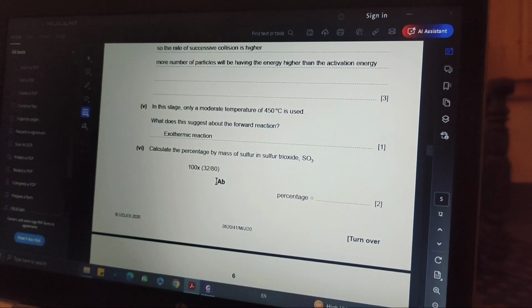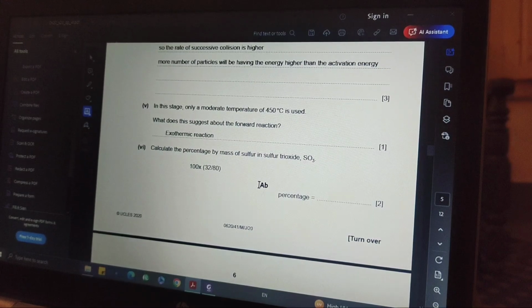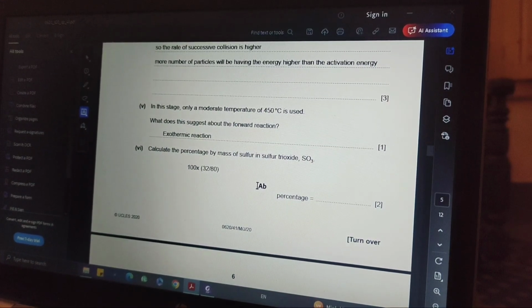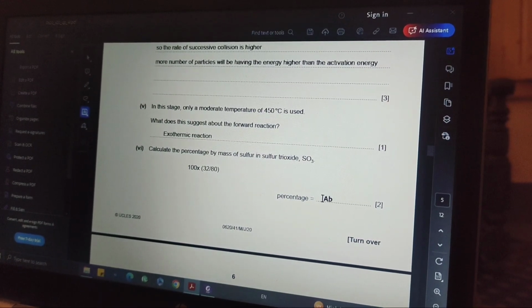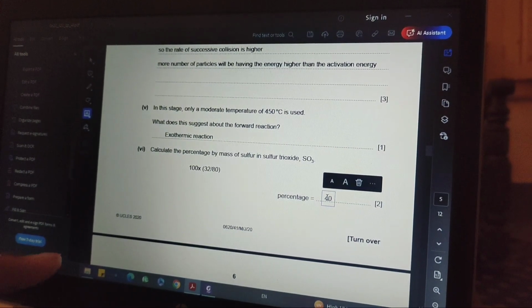So if we go for the calculations, it will be providing about 40%.